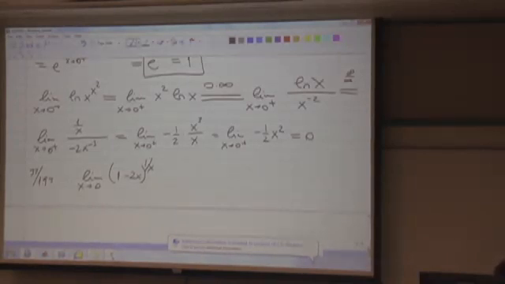No, actually 1 to infinity is another indeterminate form. That was the last one I wrote. As it turns out, this particular function will equal 1 over e squared.